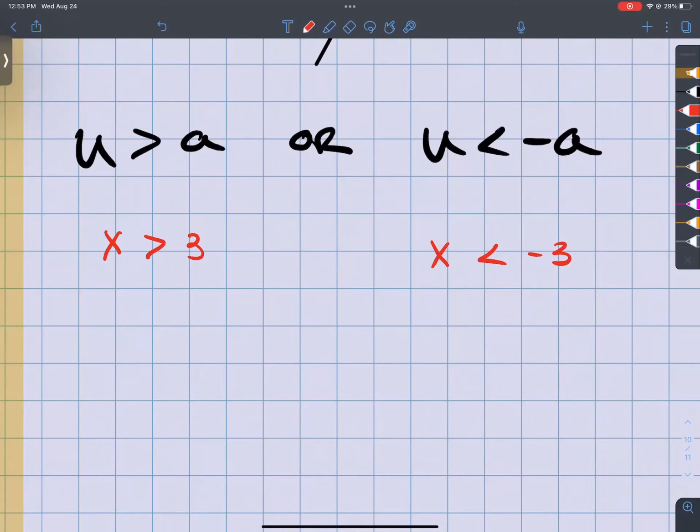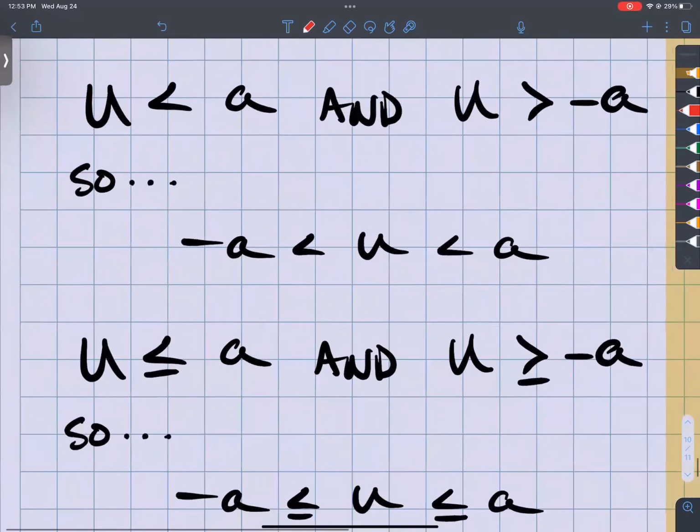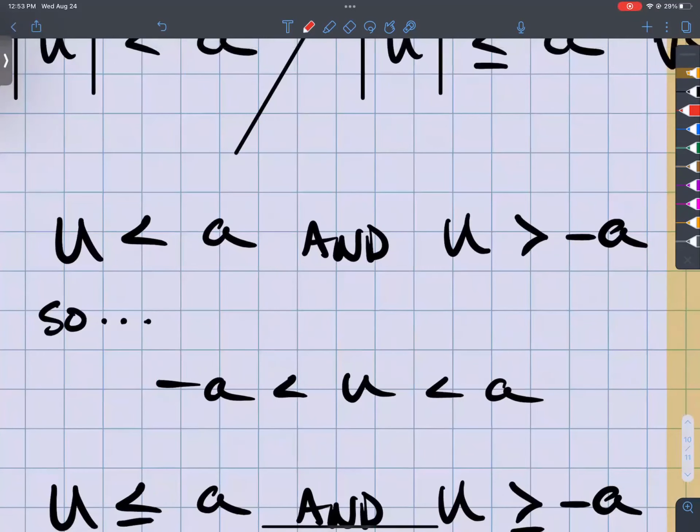Now let's look at the and. Let's use X is less than 3 and X is greater than negative 3. X is less than 3. Open circle, pointed which way? That way, right? X is greater than negative 3.